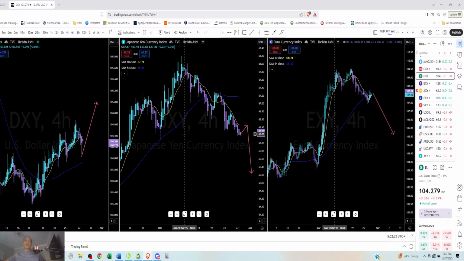And so just for the sake of whatever magic there is in Fibonacci, I make it a Fibonacci number. Okay, but you can make it a 50 or whatever. And you can use a different type of moving average. You can use an EMA if you want, whatever you want. Okay. But again, those are the two, and that's the blue. The 54 SMA is the blue indicator that you see there on the chart.